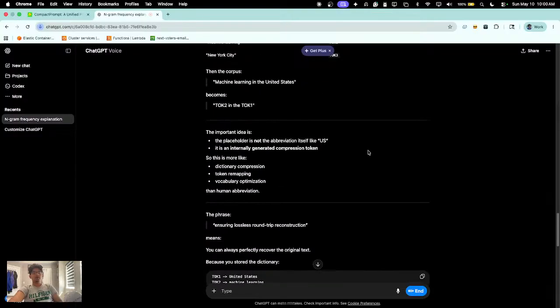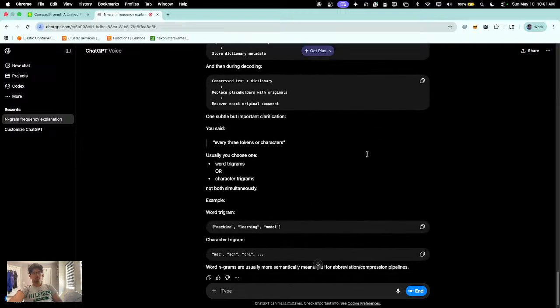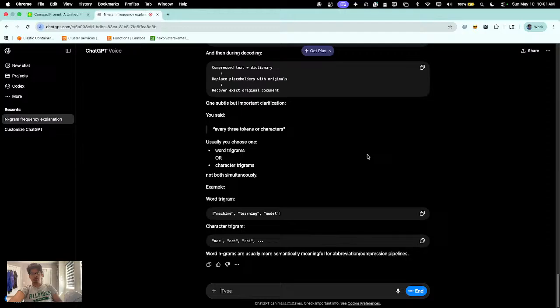Basically what it's doing is taking all of the top k n-gram patterns and computing a unique placeholder token which doesn't really have that much meaning. It's just used as a way of tracking all of these specific top k patterns, and then we store all of this in a metadata table to use within the next step of our process.